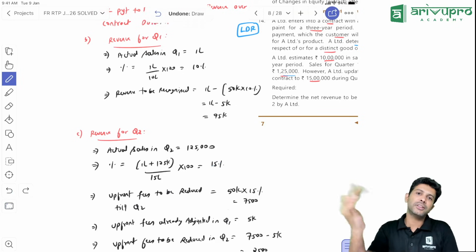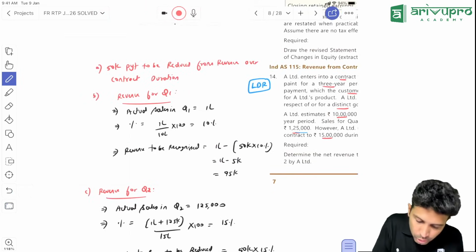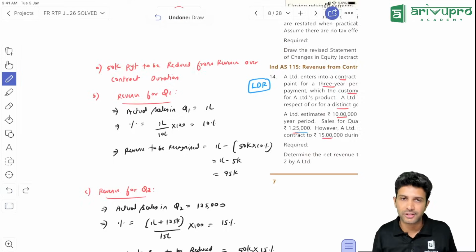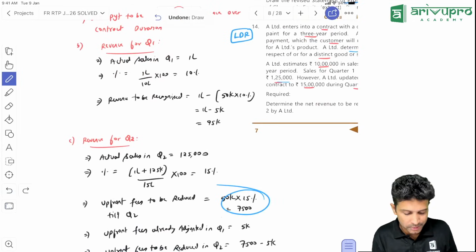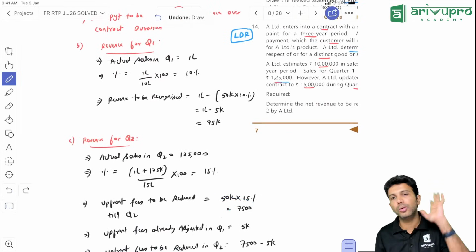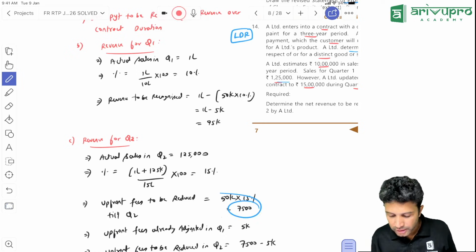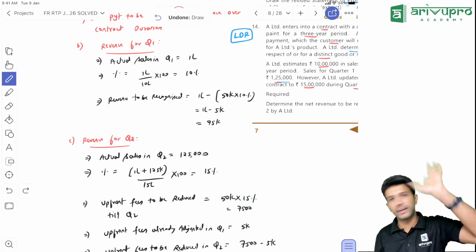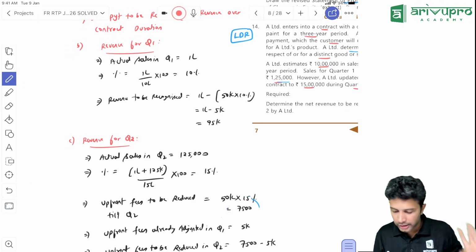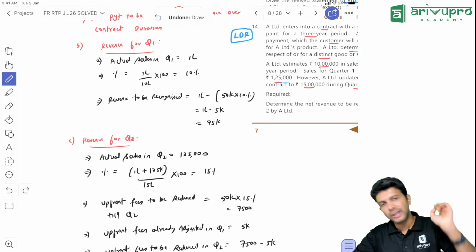Sorry, 15% sales you have made means 50,000 of this prepayment also you can adjust. So 15% of 50,000 is how much? 7,500 you'll have to adjust basically. Till the end of second quarter, totally 7,500 has to be adjusted.